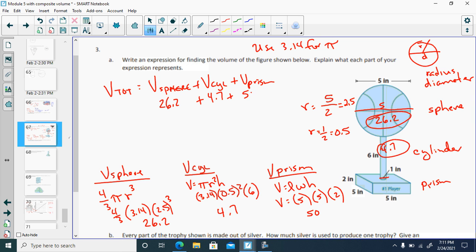Okay, so let's add all of this together, because this part down here is 50 cubic inches. Add them together: 26.2 plus 4.7 plus 50, and that would give me 80.9. Hold on a minute, let's check something on the sphere.